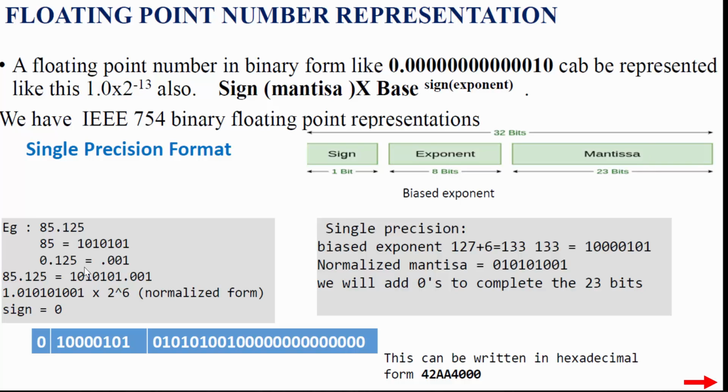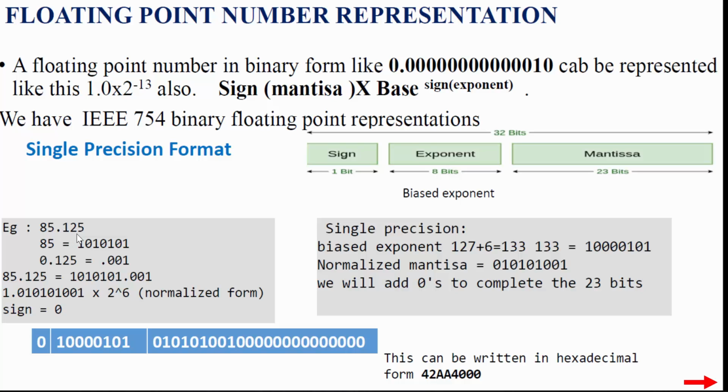Consider one example, 85.125. This is a decimal number. We need to represent this in single precision binary floating point format. For that, we need to convert this into binary form first. So 85 is converted and we get a binary representation for 85 like this.